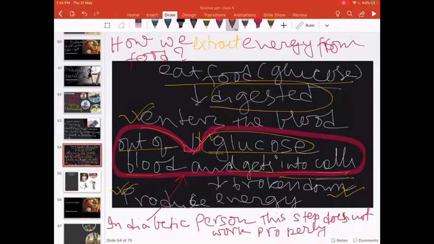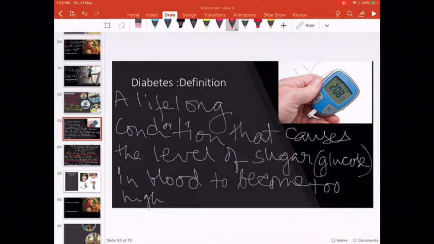A certain amount of glucose stays back inside the blood. And when a certain amount of glucose stays back in the blood, this glucose is what? This glucose is the, you see, sugar.